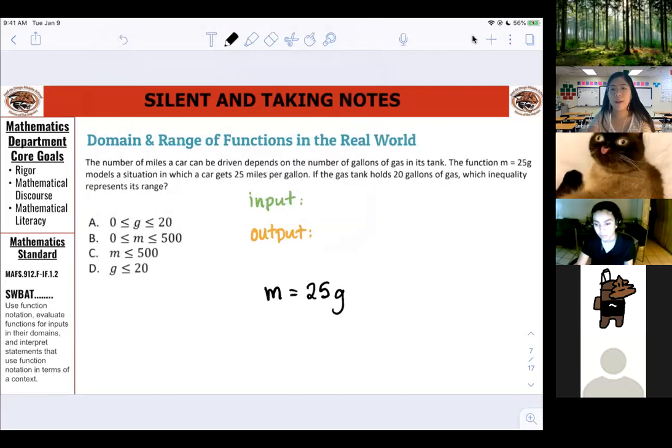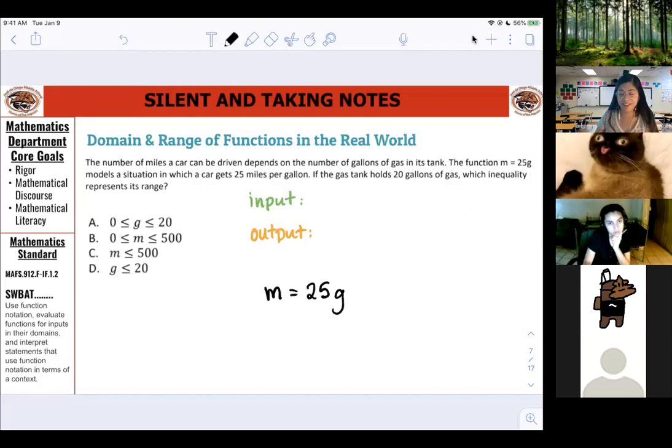But let's think about this. If I'm trying to figure something out, and I need to plug in a number, will I be plugging in a number for G or will I be plugging in a number for M? G.